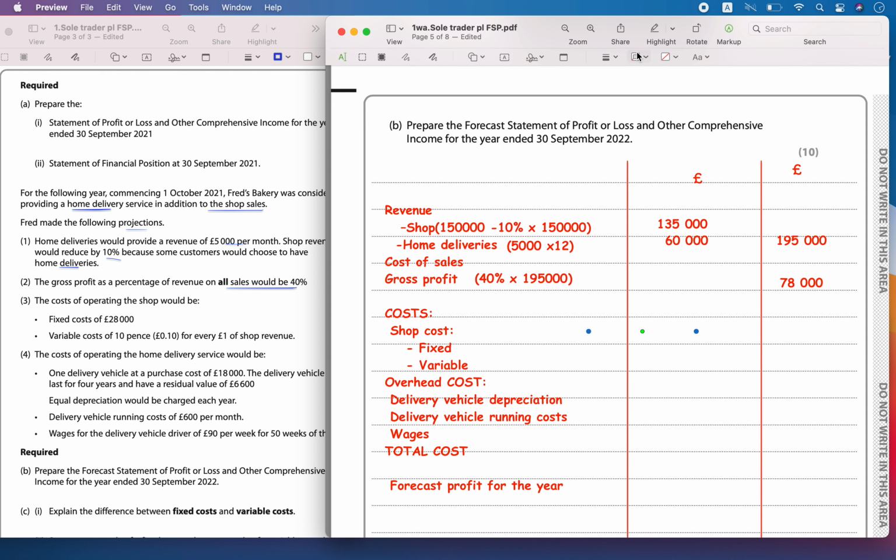It is nothing but revenue minus this gross profit: 195 minus 78 is 117,000.